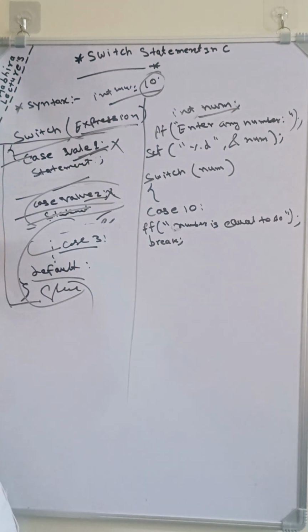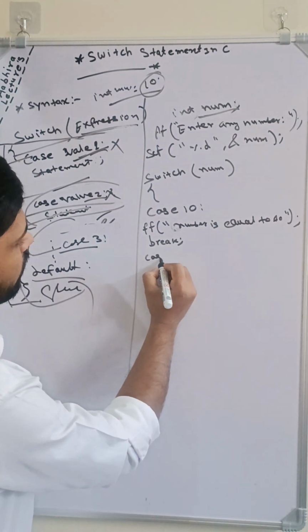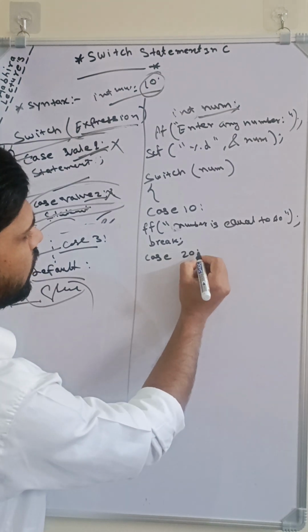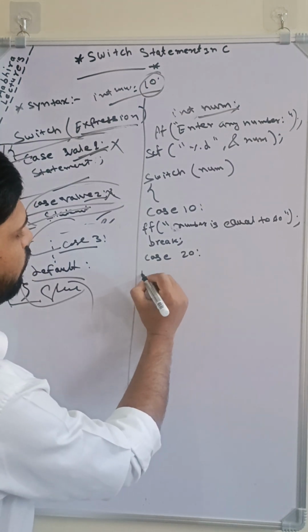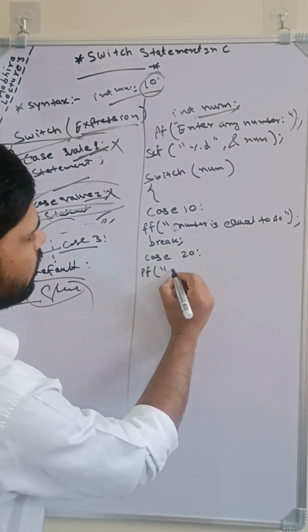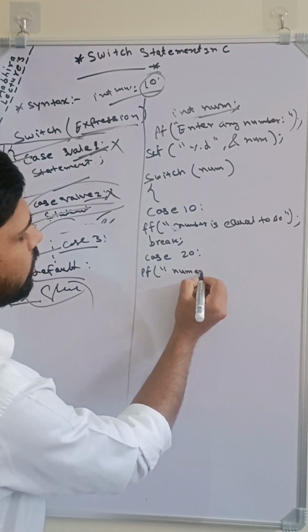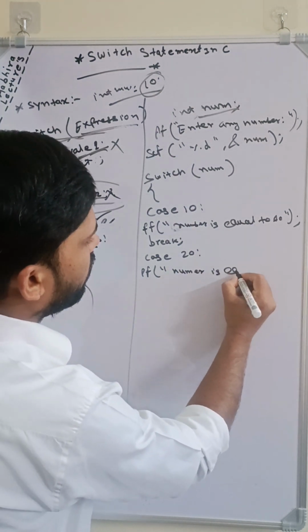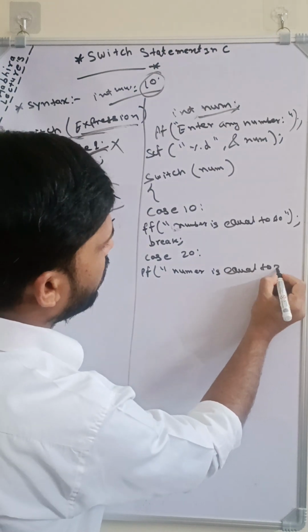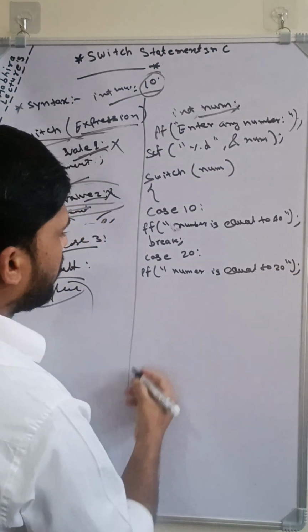Then break; we have to keep a break statement. Then again case 2, take 20. Then print number is equal to 20, then break.